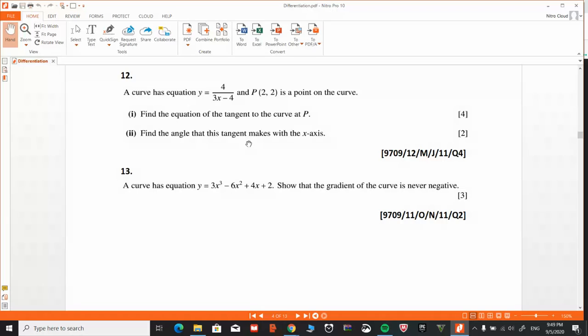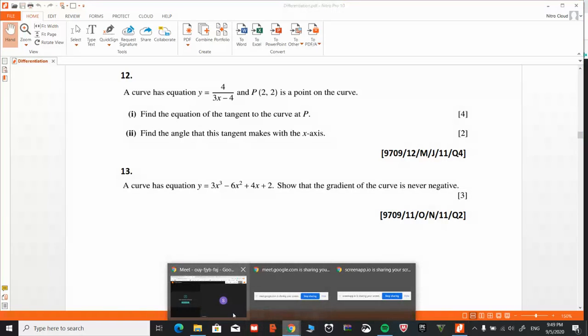Okay, 13. ওকে, এটার গ্রেডিয়েন্টের ইকুয়েশন কি? Gradient equation is gonna be 9x squared minus 12x plus 4. মানে when you differentiate কোনটার, number 13 er.